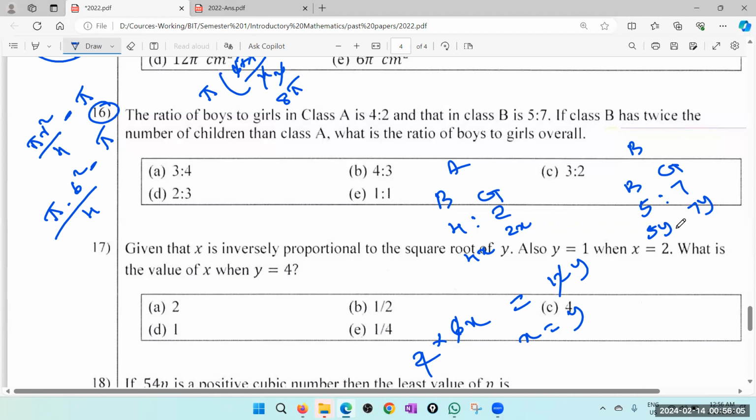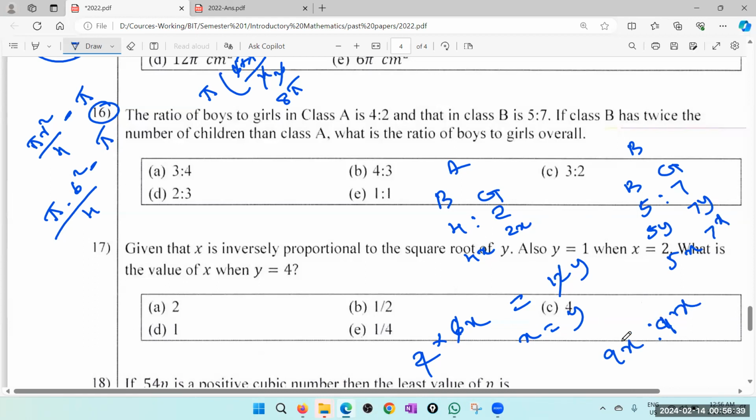What is the ratio of boys to girls? Now the total number of boys are 5y plus 4x. Anyway, x and y are the same. Therefore, now I can write it as x as well, say 5x and 7x. So total number of boys are 5 plus 4, 9x. Total number of girls are, because remember x equals y, 2x plus 7x, that is 9x.